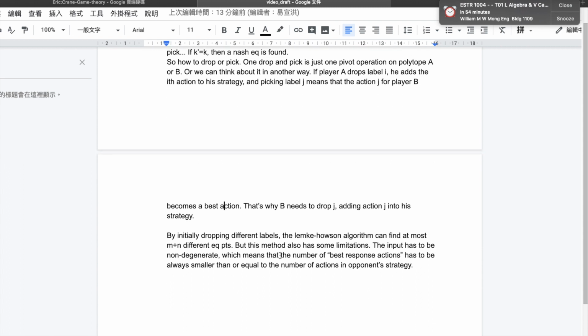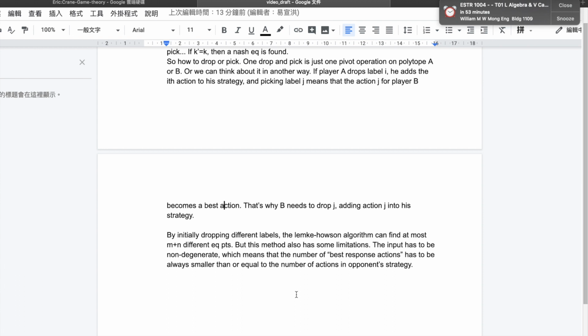Well, by initially dropping different labels, the Lemke-Howson algorithm can find at most n plus n different equilibrium points. But this method also has some limitations. The input has to be non-degenerate, which means that the number of best response actions has to be always smaller than or equal to the number of actions in the opponent's strategy.